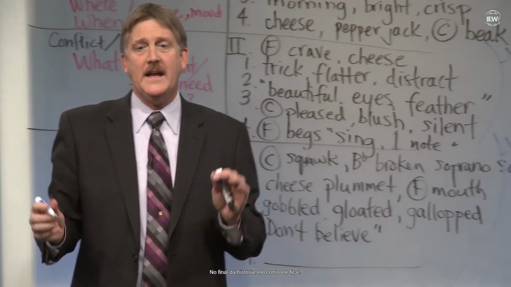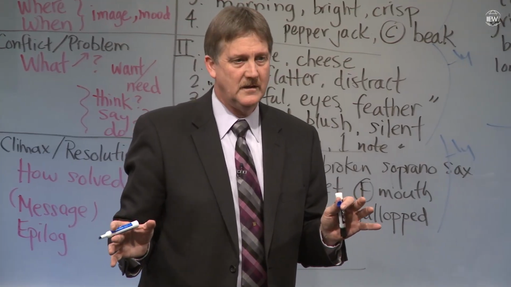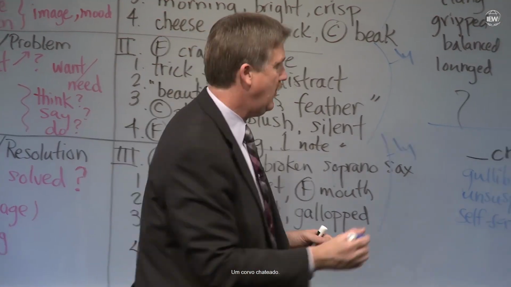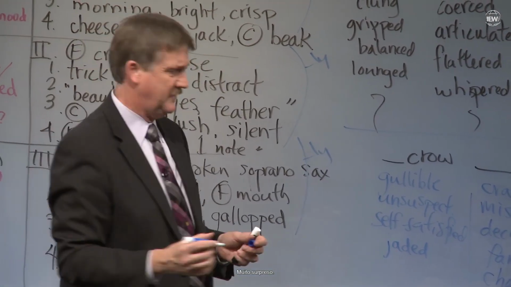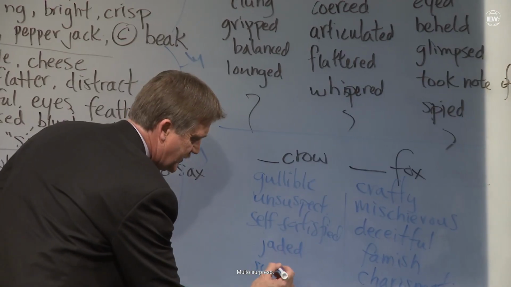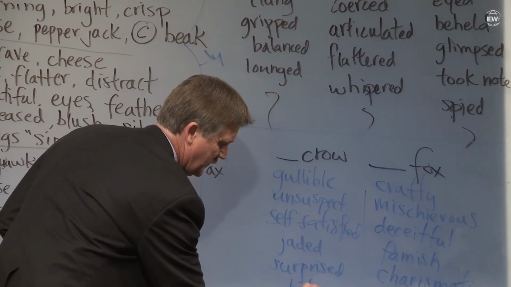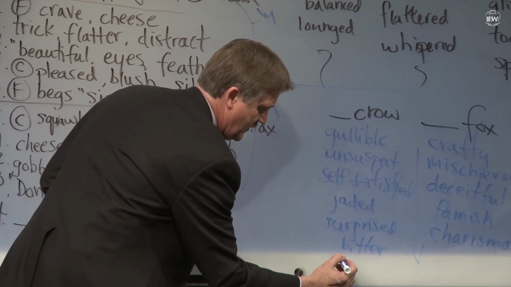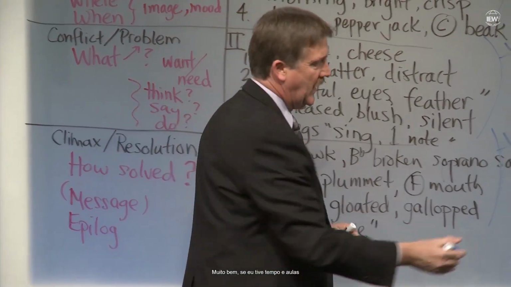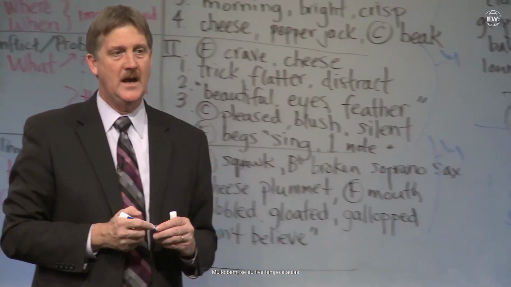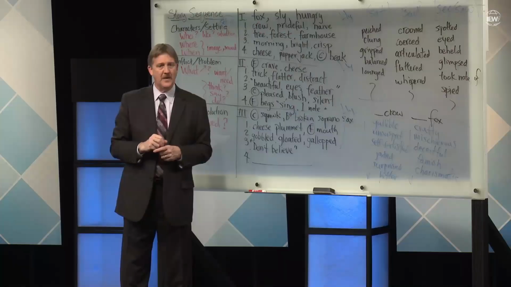In the end of the story, she becomes very what? Jaded crow. Very surprised, bitter, sorrowful, confused. All right. So if I had time and I had students, I'd build these lists up, but you kind of get the idea of how this would work, right?